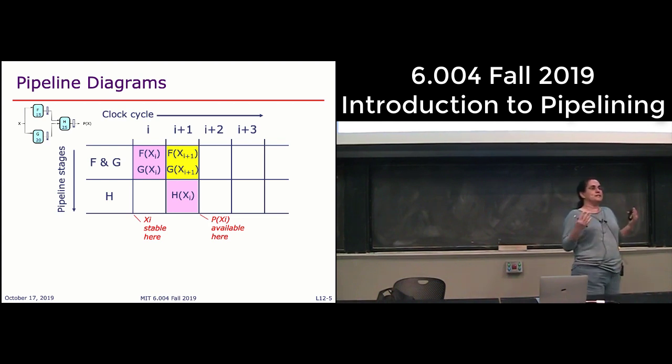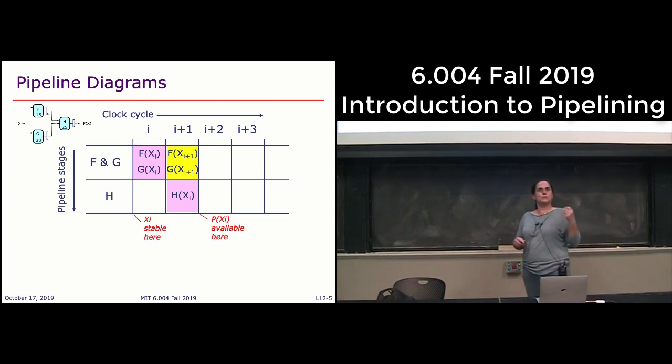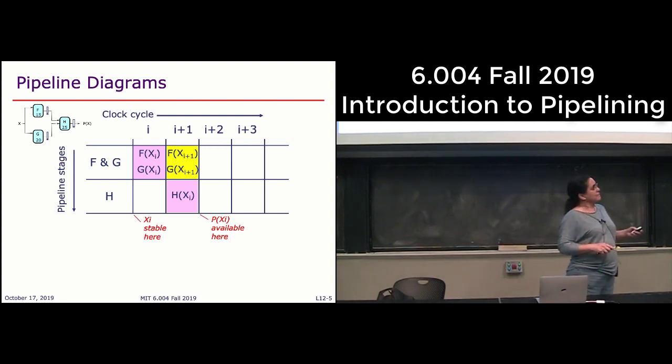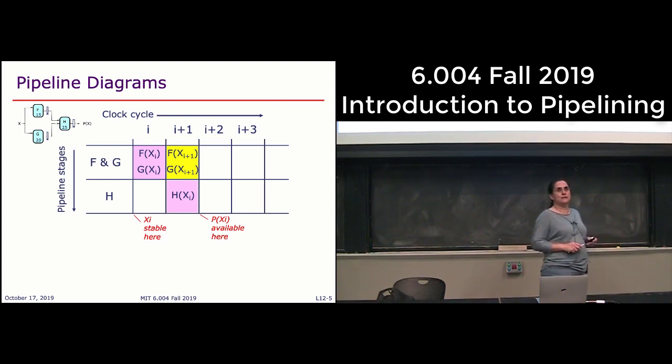So for a particular input, it takes us 2 cycles to go through the system because it's a 2-stage pipeline. But at the same time that we're completing the computation for X sub I, in I plus 1, we can actually start the next computation, okay?